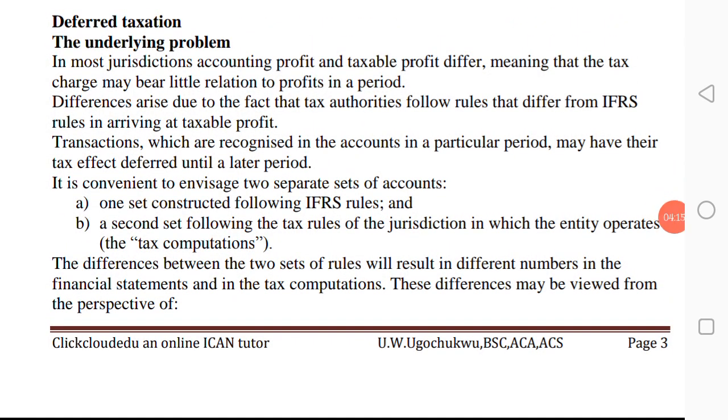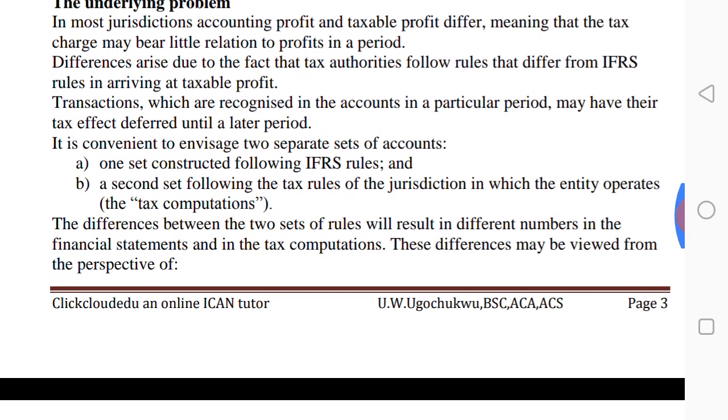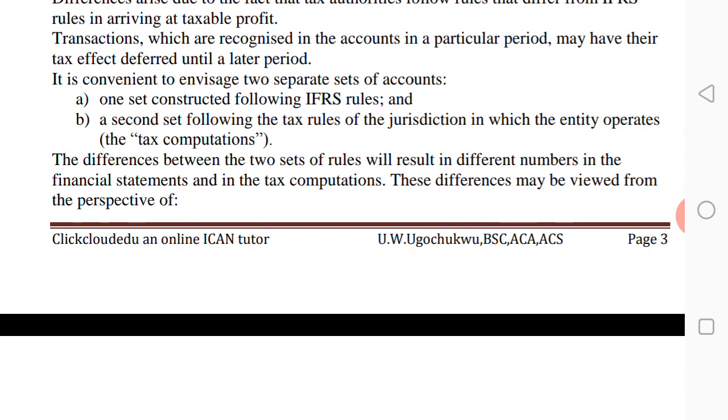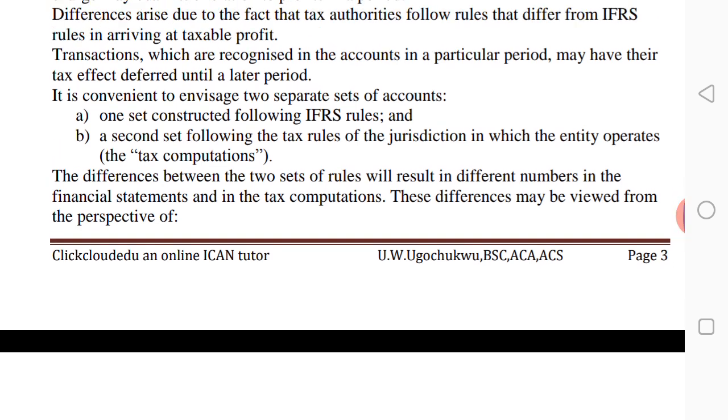The difference arises because the tax authority follows rules that differ from the IFRS rules in arriving at the taxable profit. For example, they disallow depreciation. Transactions which are recognized in the accounts in a particular period may have their tax effect deferred until a later period.